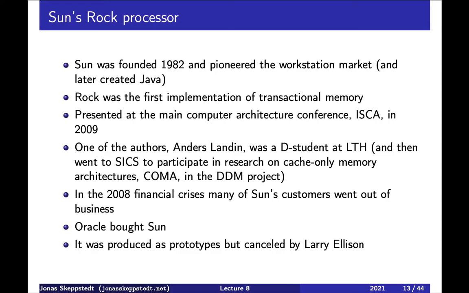Sun pioneered the workstation market, and they created many interesting things, including Java and the SPARC CPU, and made a sophisticated multiprocessor version of Unix called Solaris for their machines. They were very early at exploiting multiprocessors.